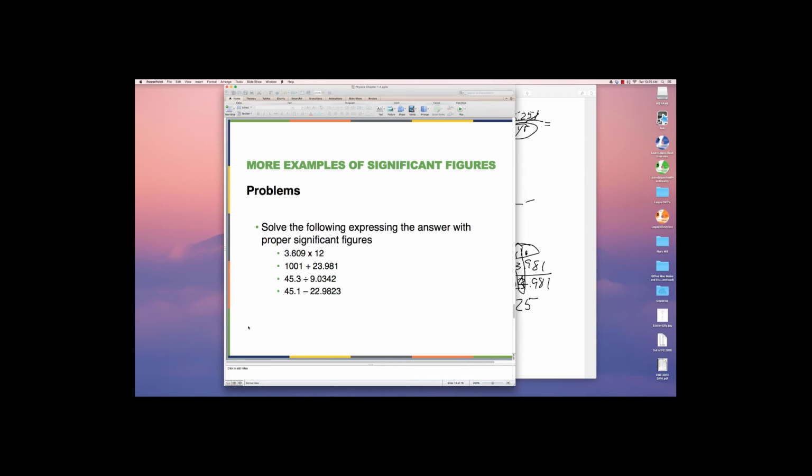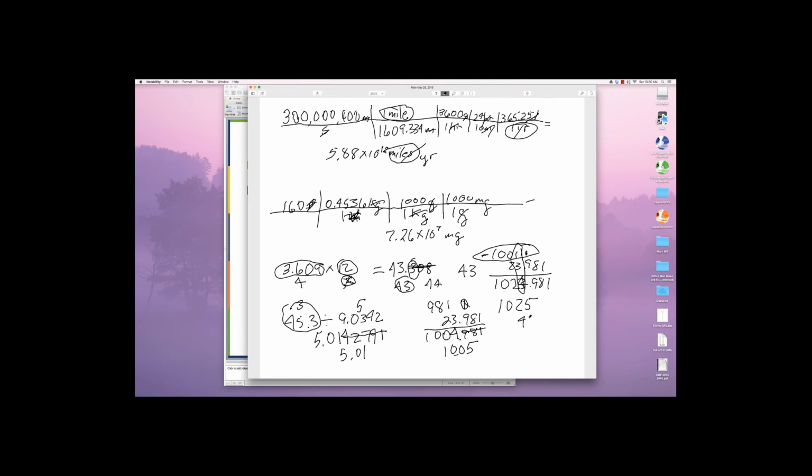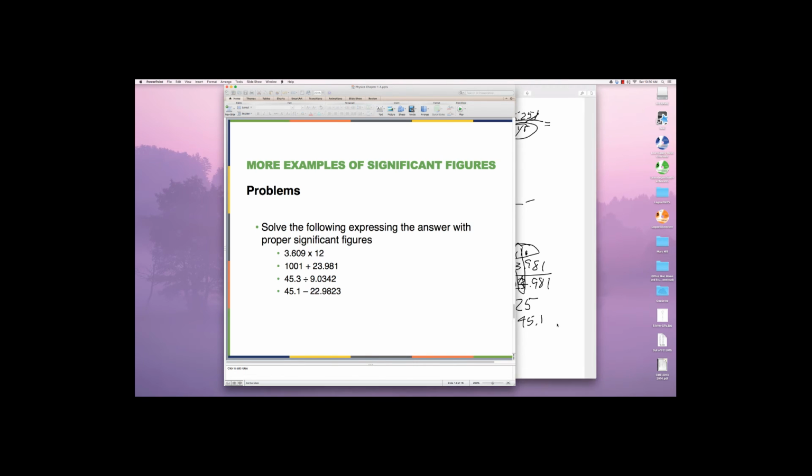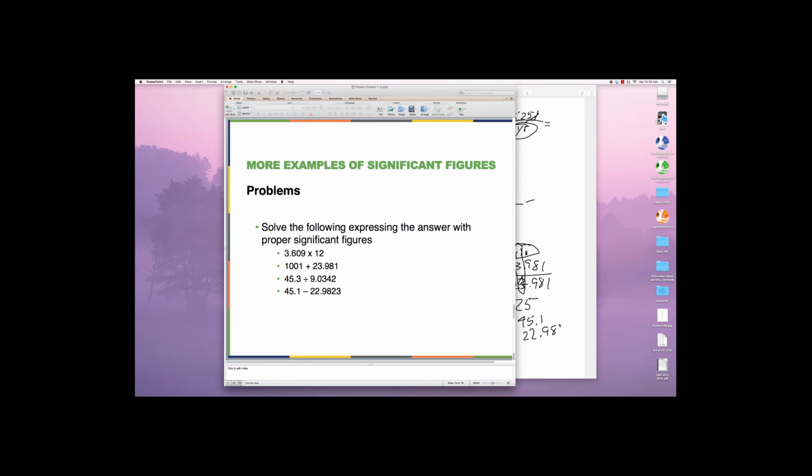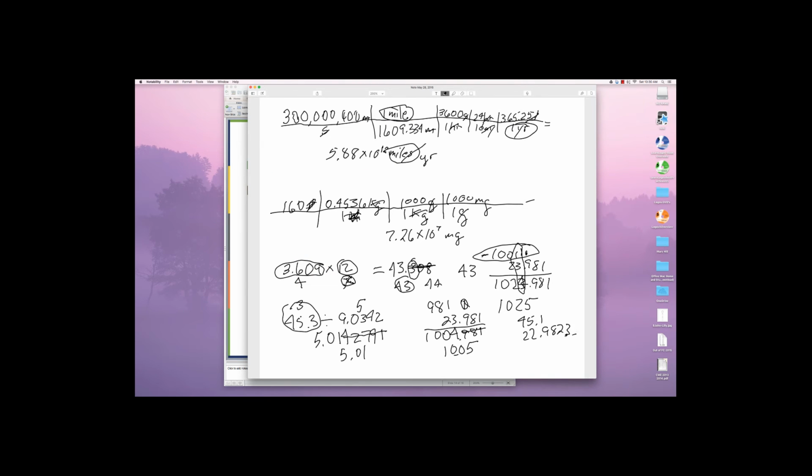One more. 45.1 minus 22.9823. So we're subtracting here, so that's 7, 7, 1, 0 is 1, 2, 2.